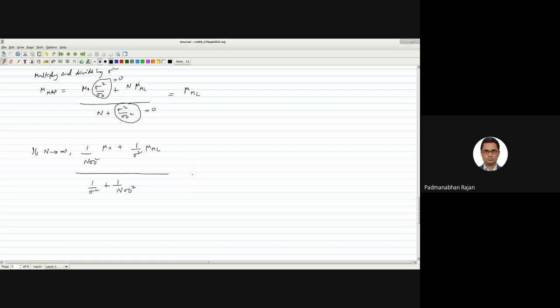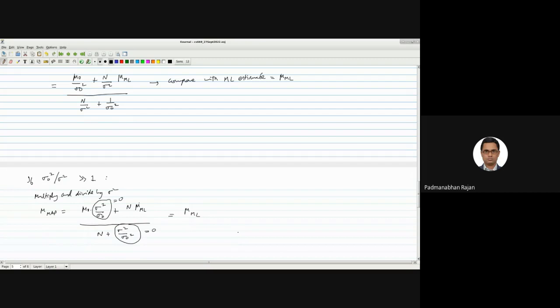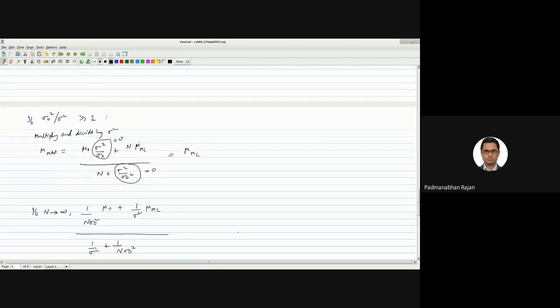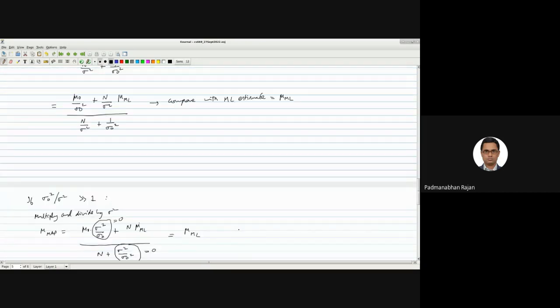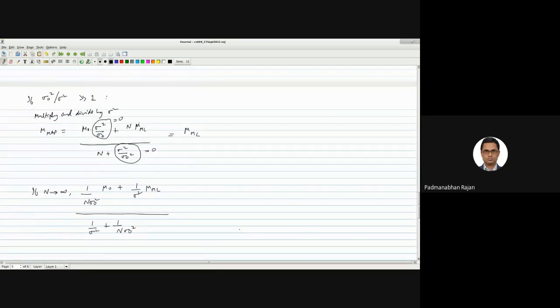I've just multiplied and divided by n. And in this case, if n is infinity, then these terms are going to be close to 0, and again mu MAP is equal to mu ML.